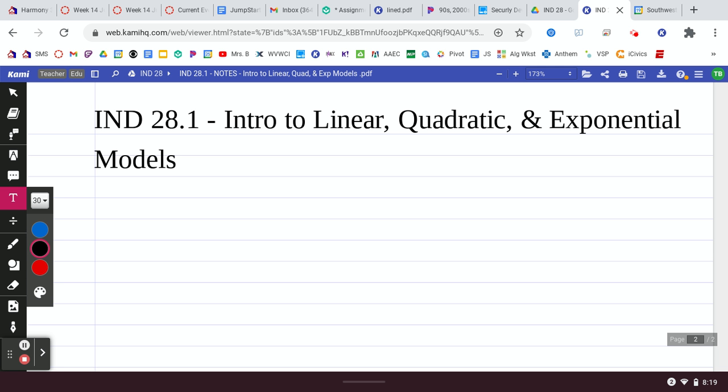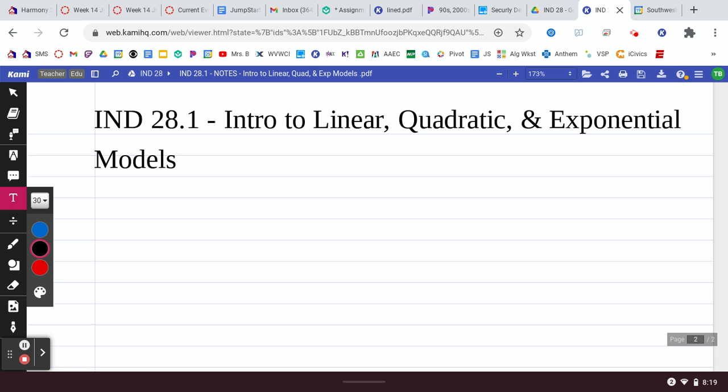And then exponentials, which we just finished last week. Exponentials grow or they decay, whichever way it's going, exponentially. It starts out at a slow change, and then all of a sudden the change just ramps up really fast, okay? So in this indicator, we compare the three and learn how to differentiate between them, both in graphs, which is pretty easy because you just graph it and look at it.